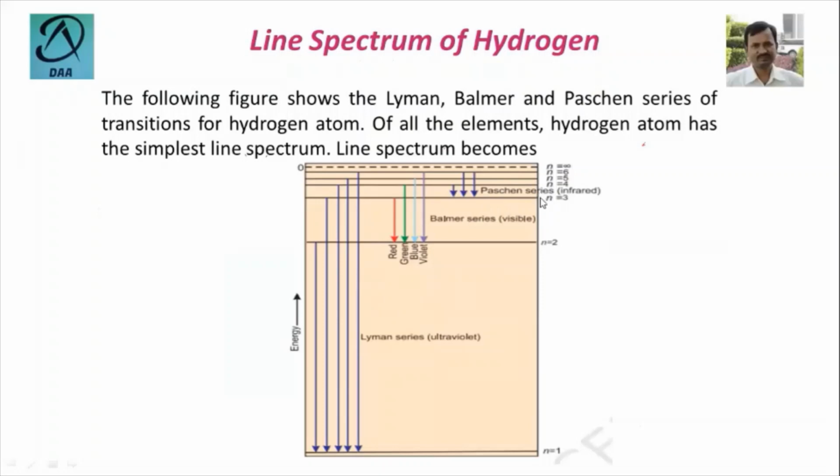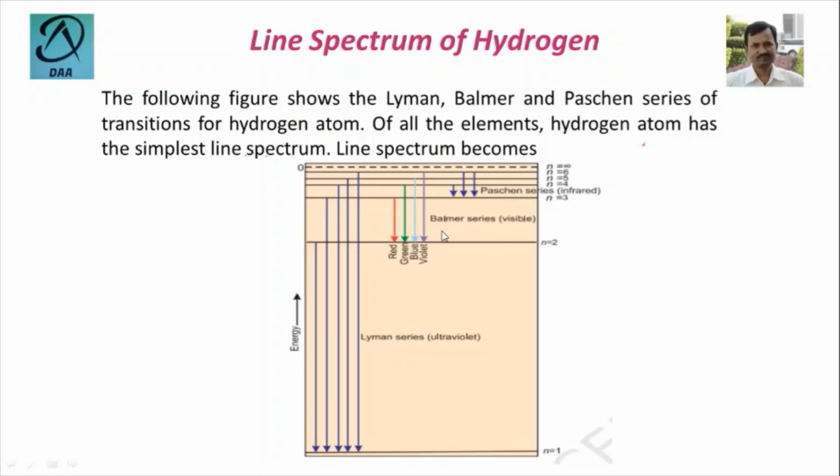As you know, for the 3 series, when n is equal to 4, 5, 6, and even n equal to infinity, these lines are restricted to the infrared region.